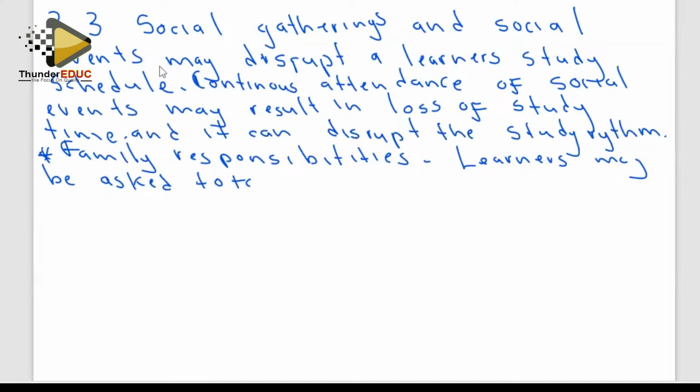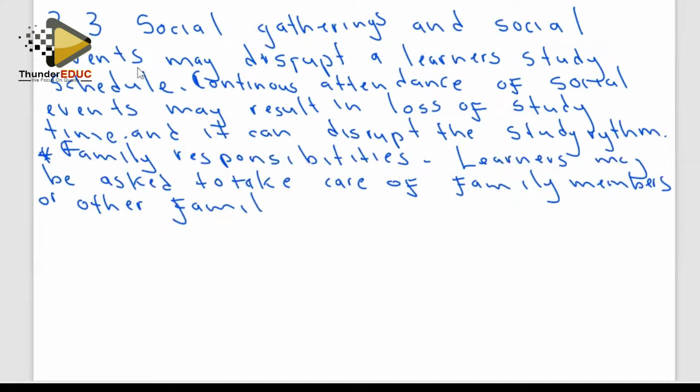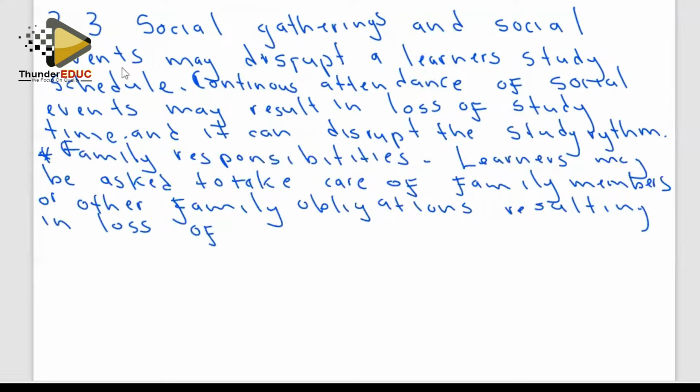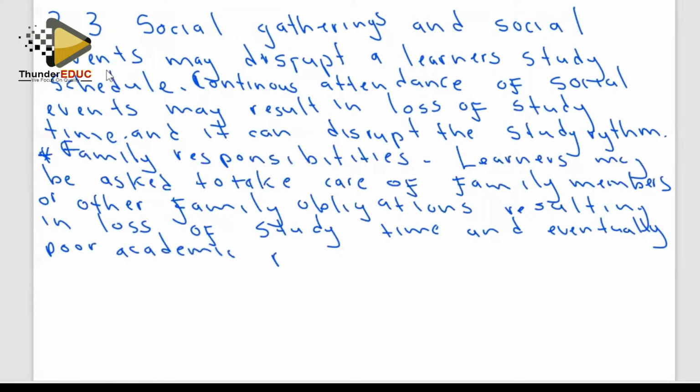Learners may be asked to take care of family members or other family obligations, resulting in loss of study time and eventually poor grades, poor academic performance. So we have social gatherings, we have family responsibilities. So these are the two key answers there.